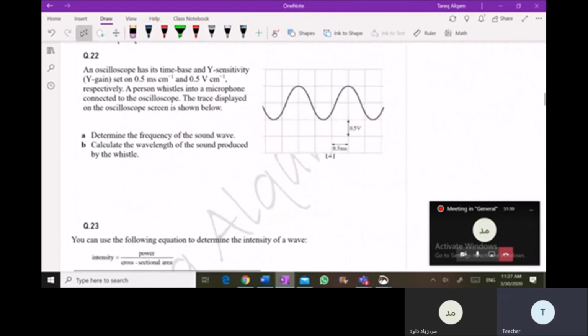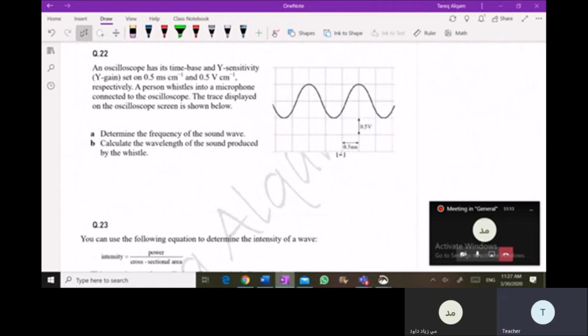Here we have a question about an oscilloscope. We are given a wave on an oscilloscope, and we are asked to find the frequency. It's easy. We have a formula, I gave it to you before.